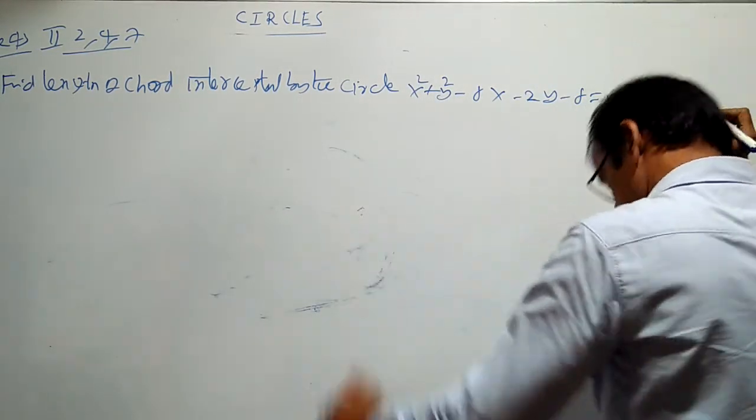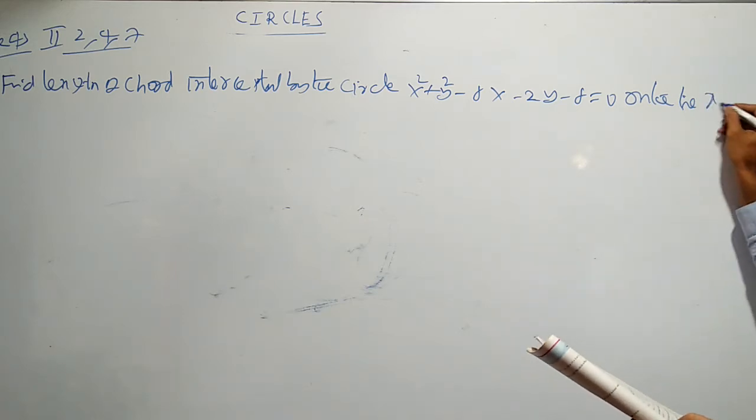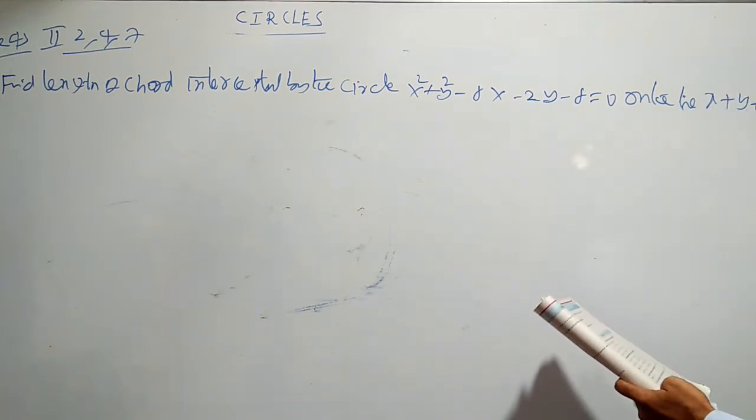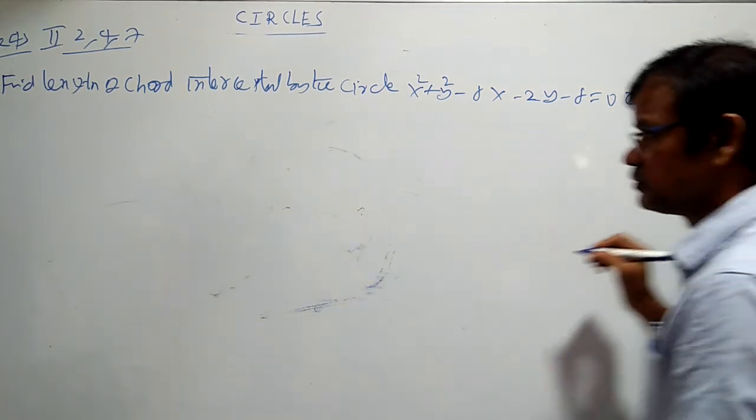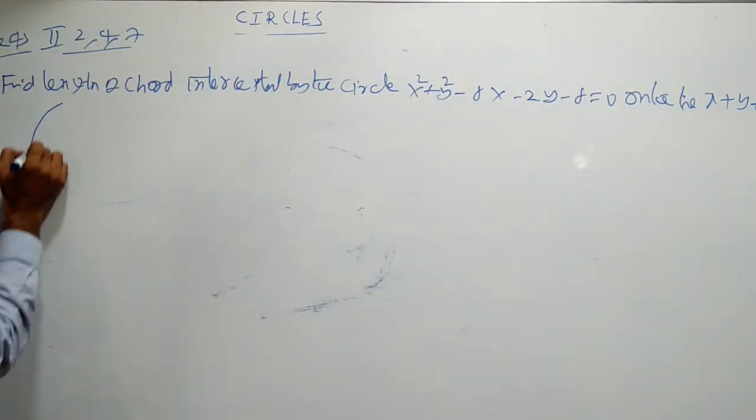The line is nothing but the chord. On the line x plus y plus 1 equal to 0.